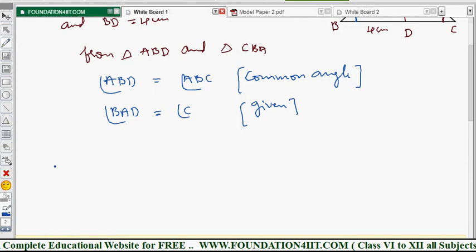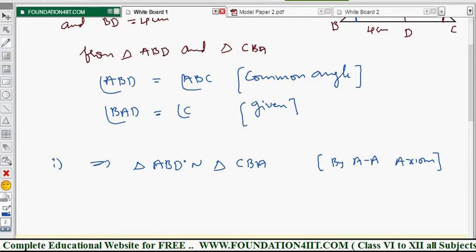Therefore, triangle ABD is similar to triangle CBA by the double A axiom. When two angles are the same, automatically the third angle is equal, because the sum of the angles in a triangle is 180 degrees.